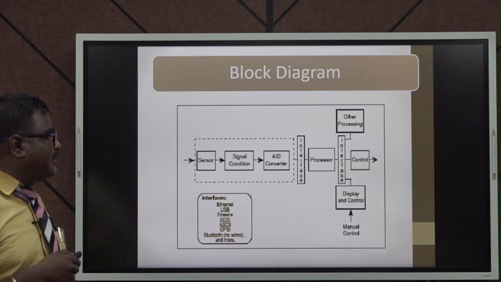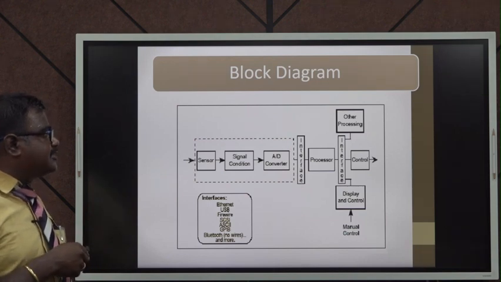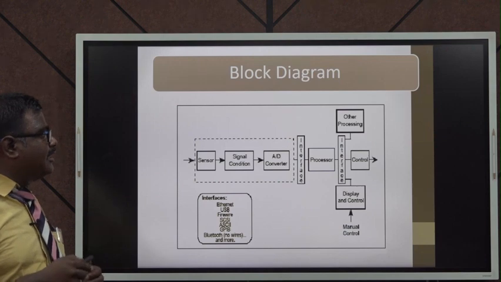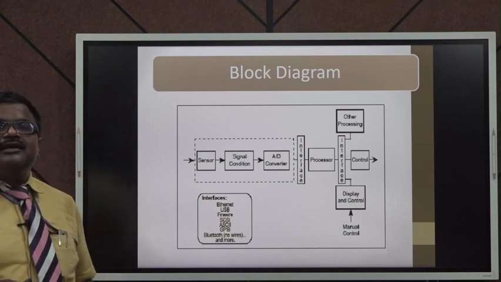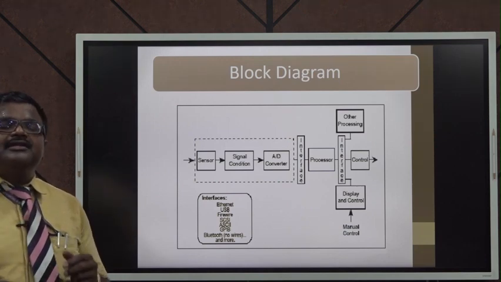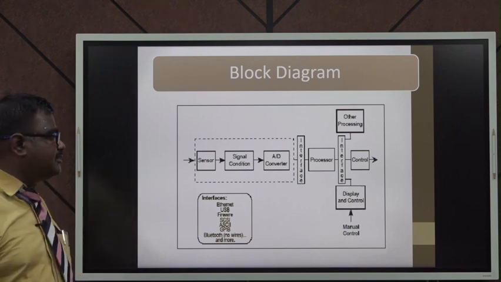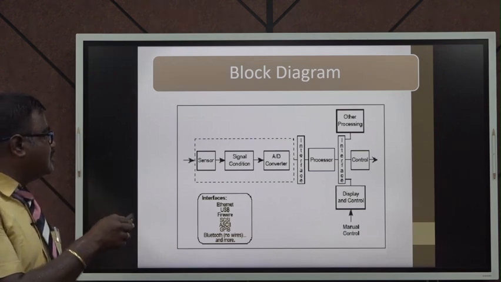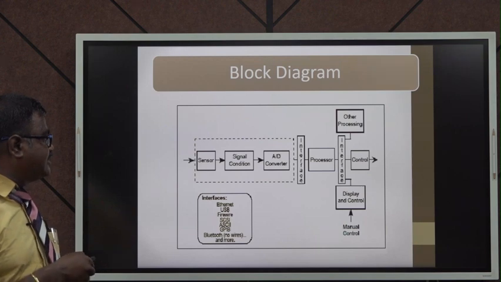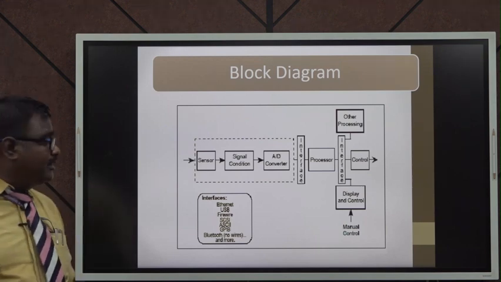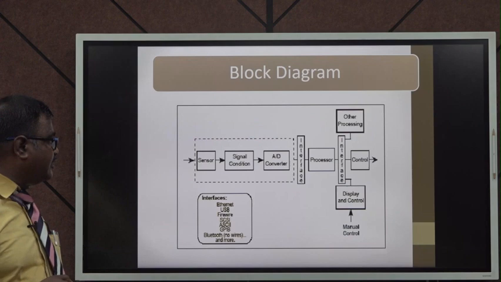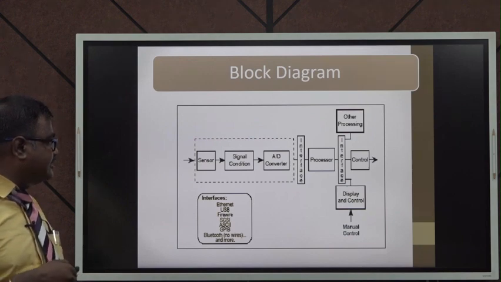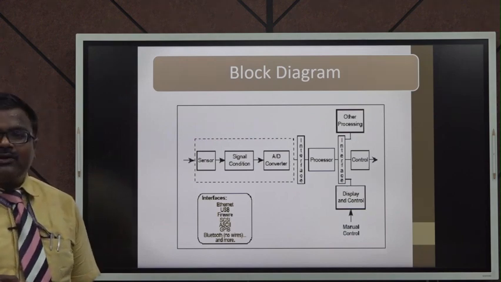Then the signals will be processed based on the requirements. We will control the signals and make them into a definite form. This is a general overview of virtual instrumentation, where the interfaces we use are Ethernet, USB, and others. These are some of the interfaces that we use in today's technology.